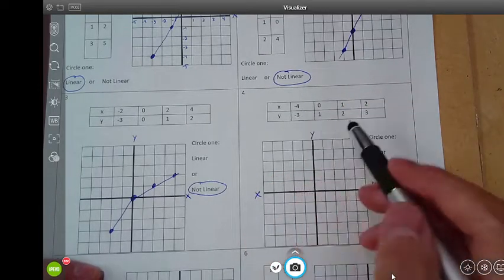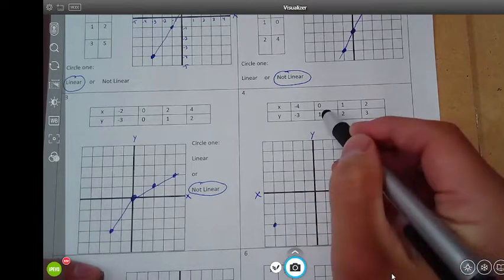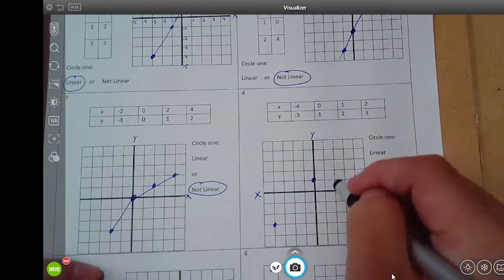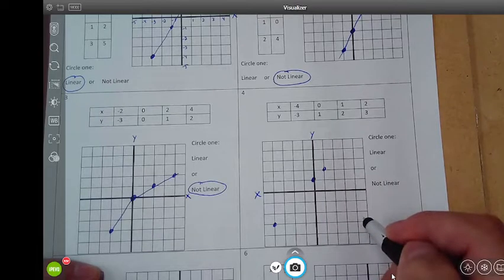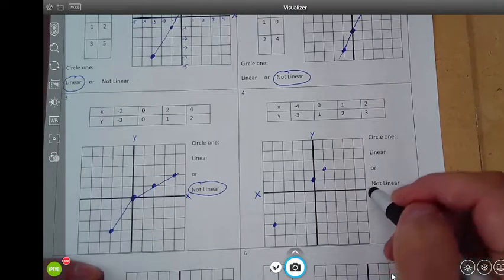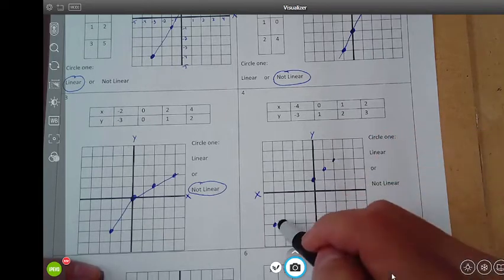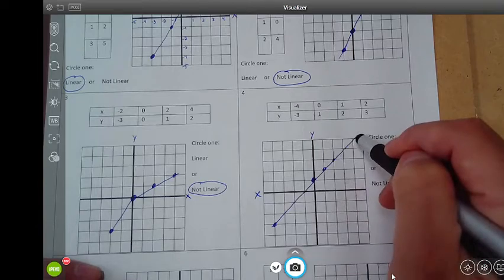X is -4, y is -3. X is 0, y is 1. X is 1, y is 2. And the last one, x is 2 and y is 3. If we draw a line through all the points, this one does make a straight line.